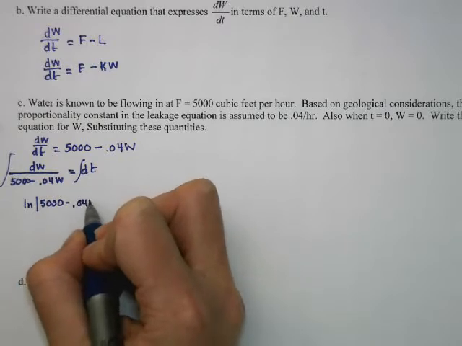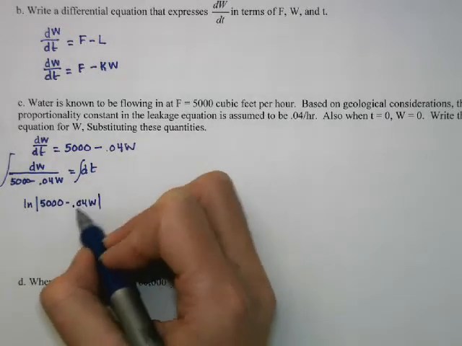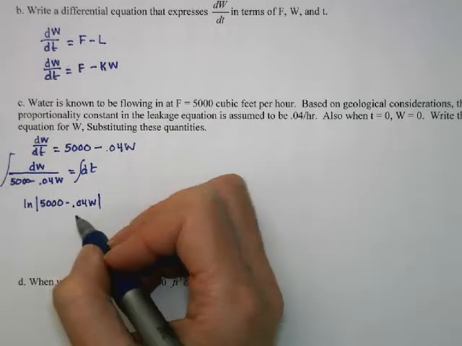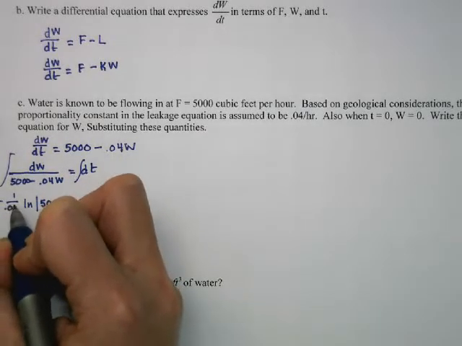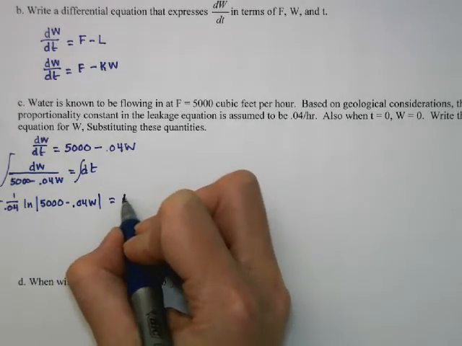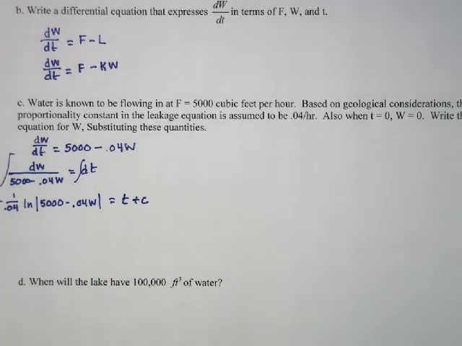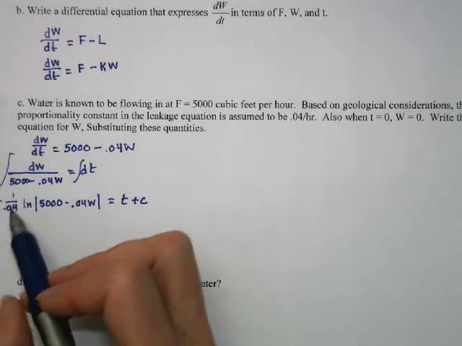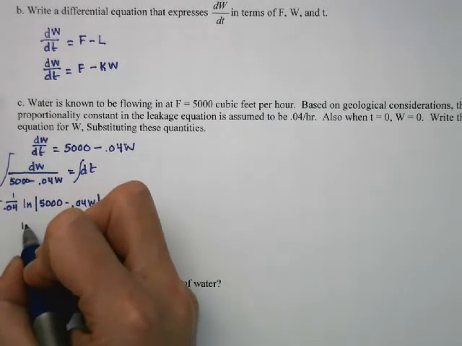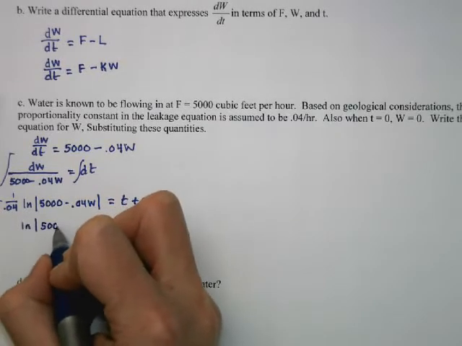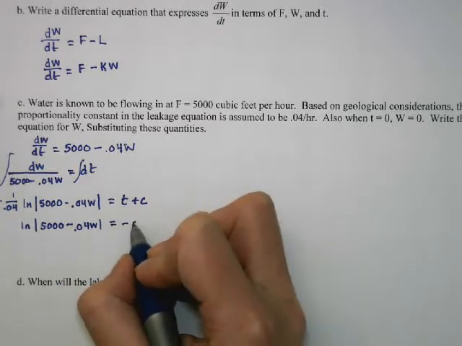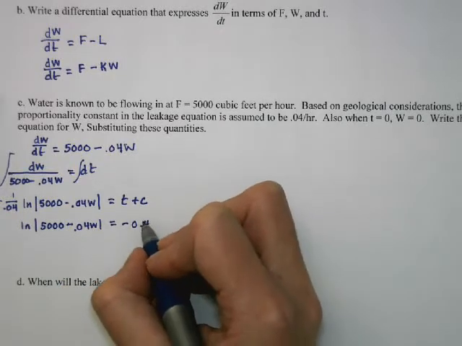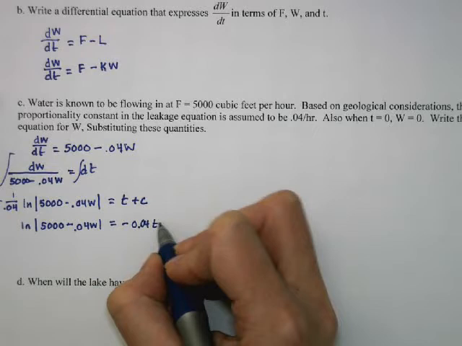But then we have this. If I were to take the derivative, we'd multiply by negative 0.04. So here I'm going to divide by that, equals t plus C. Okay, so we'll multiply over negative 0.04, so ln of 5,000 minus 0.04W equals negative 0.04t plus C, because if I multiply the C, it doesn't matter.